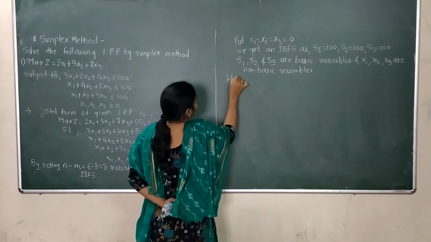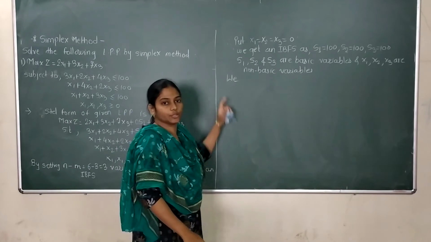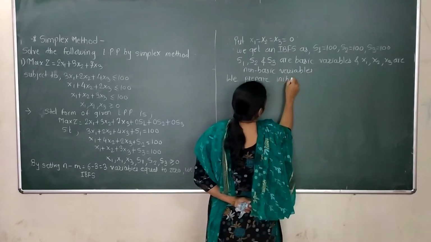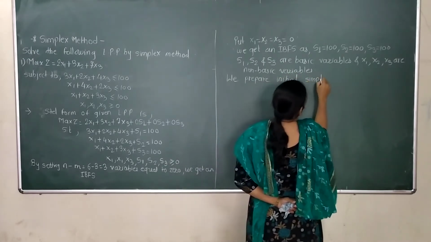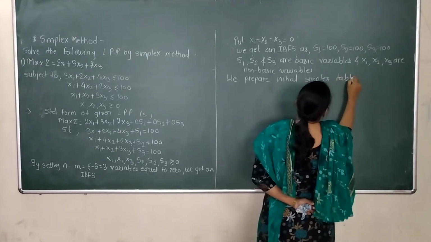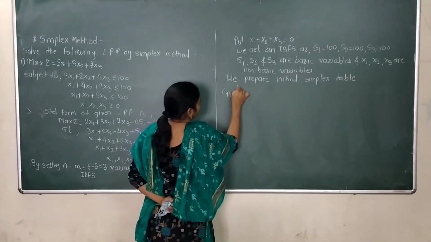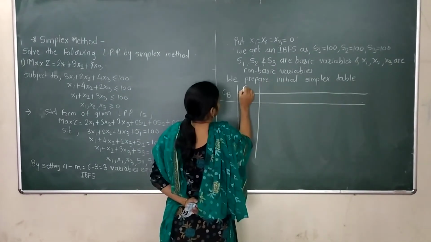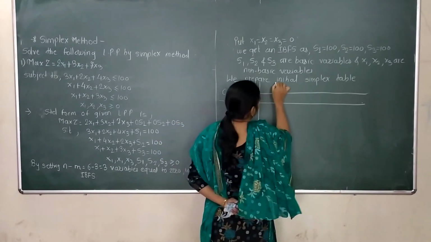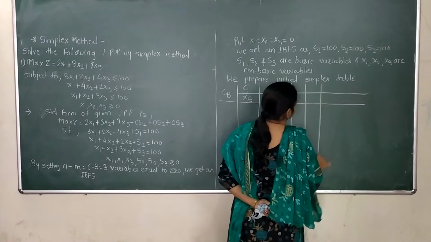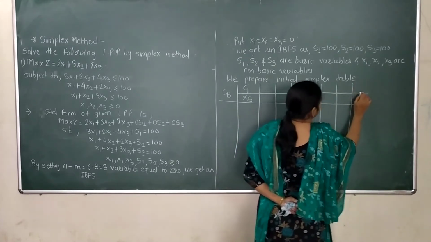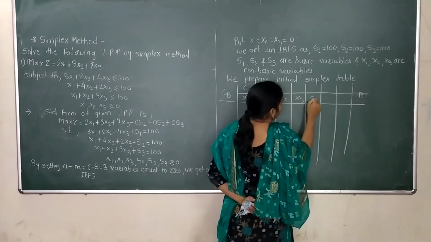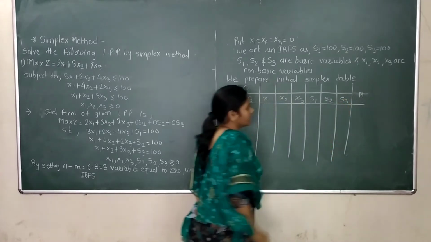After that, to improve this initial basic feasible solution, we prepare the initial simplex table, as here it is CB, Cj, here it is XB, total 6 variables are there, and here x1, x2, x3, s1, s2, s3, non-basic and basic variables.